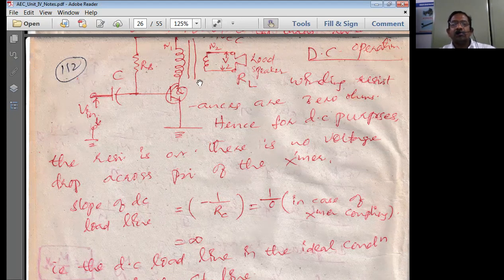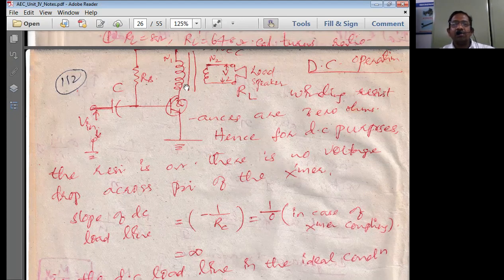Because what is the winding in the primary and secondary of the transformer? It is the inductor winding. If the inductor winding is pure, then its resistance would be equal to 0. So we proceed by considering that resistance value equal to 0 for an ideal transformer.